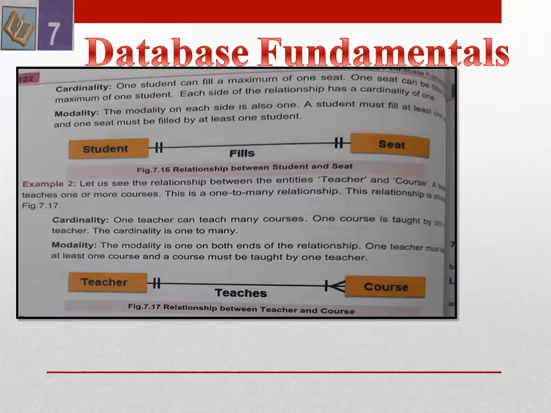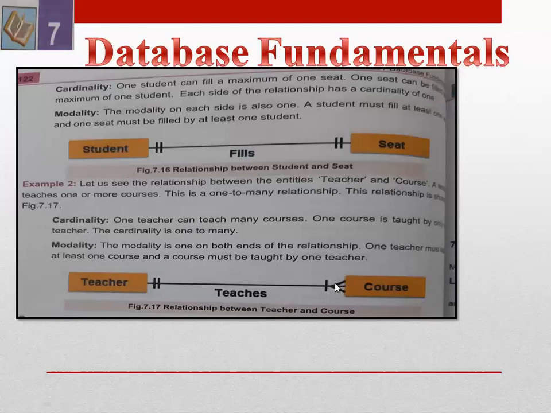Here on your screen, you can view the cardinality. We have the sign of the one-to-many relationship, and this is your modality. This one indicates the sign of modality. This line indicates that the cardinality is one and the modality is also one.